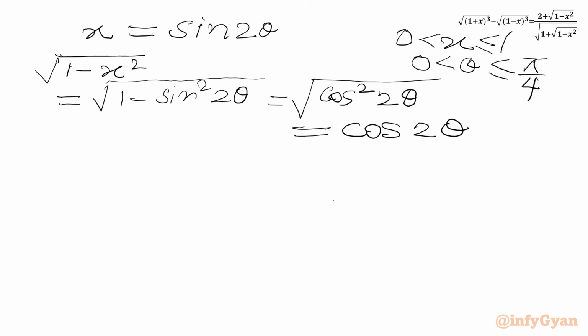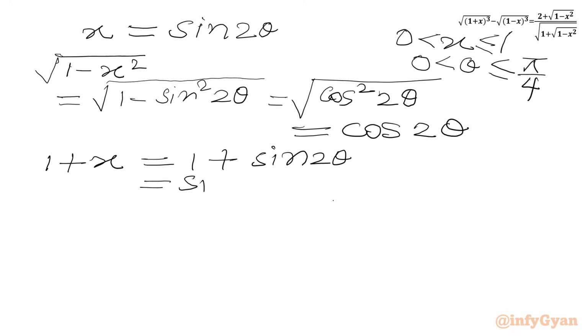Now we will find 1 plus x and 1 minus x. So I will write 1 plus x as per our left hand side, 1 plus sine 2 theta, which will be equal to 1. 1 can be written as sine square theta plus cos square theta. So let us write sine square theta plus cos square theta.